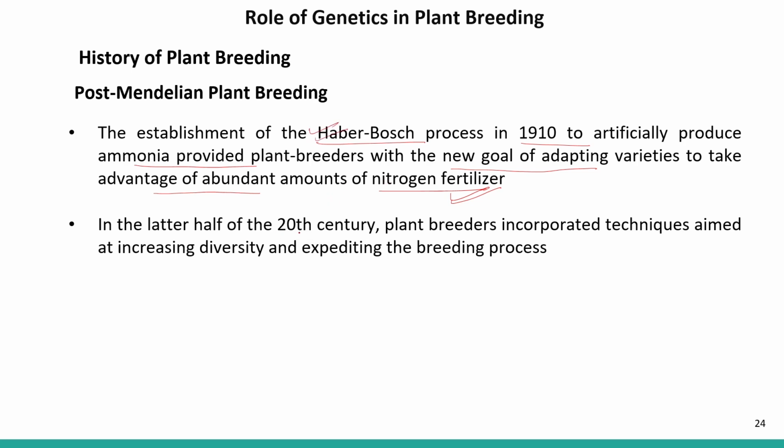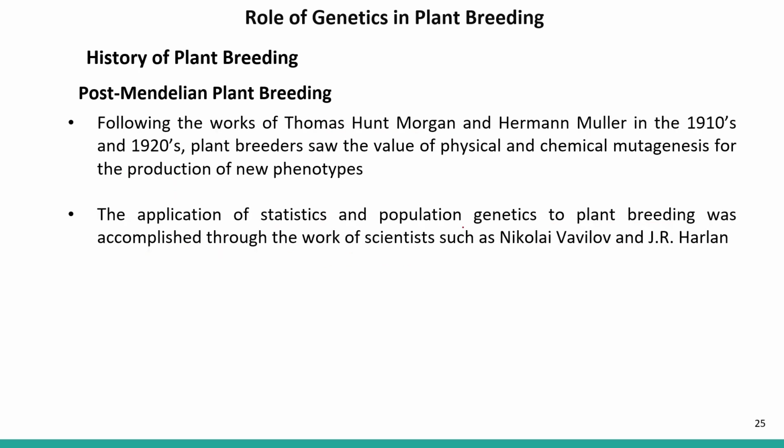In the latter half of the 20th century, plant breeders incorporated techniques aimed at increasing diversity and expanding the breeding process. Following the work of Thomas Hunt Morgan and Hermann Muller in the 1910s and 1920s, plant breeders saw the value of physical and chemical mutagenesis.